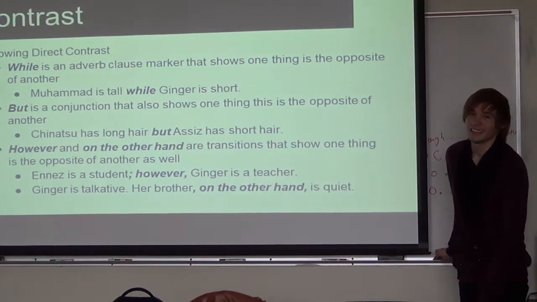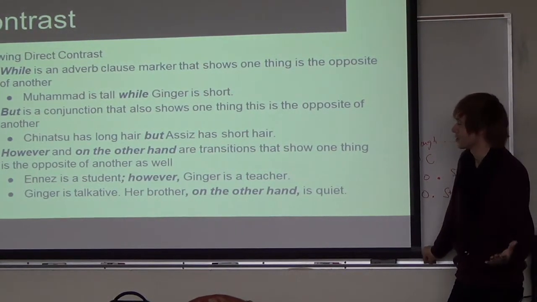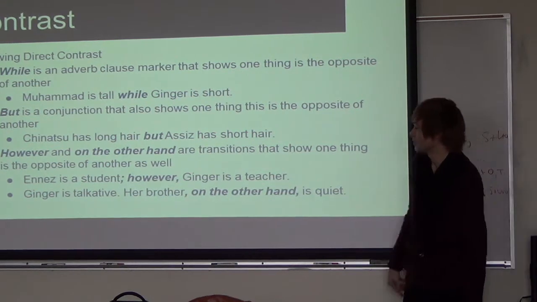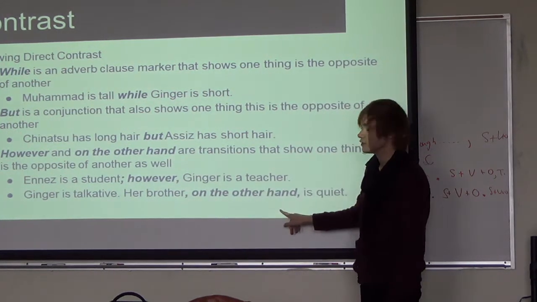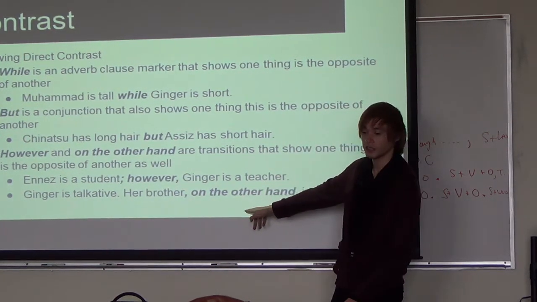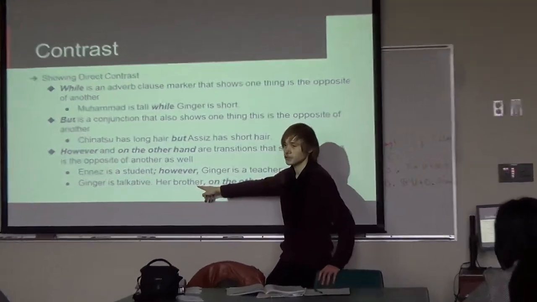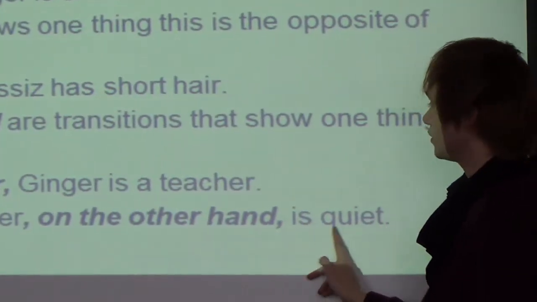Yes. And Ginger told us about this one. It's the same story with me and my sisters, except they're the talkative ones. But for here, I want you to take note that for on the other hand, there are commas separating it, and take notice of where it comes. It comes after the subject. So it's her brother, comma, on the other hand, comma, is quiet.